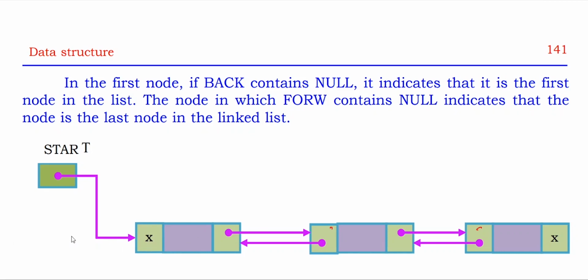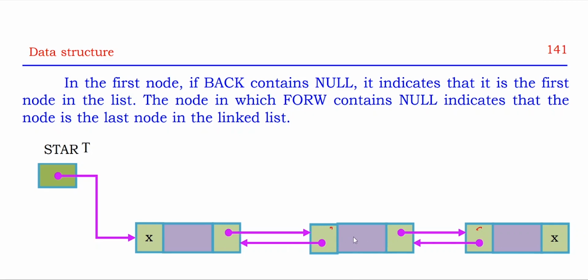We do not have any other node before it. And you can see here the last node in the list has the forward field containing null. Also when the forward field is null, that is the last node in the list. So that is the last node in the doubly linked list. So this is how it works. You can go this way or also you can go this way. That is how it works.